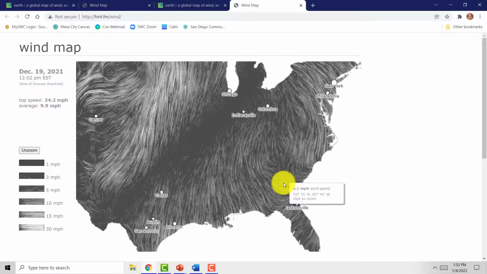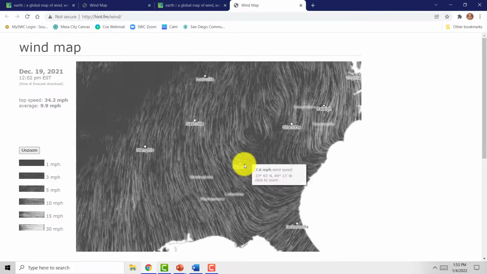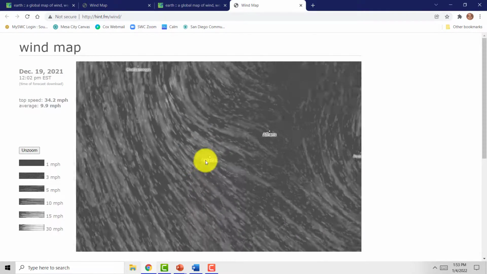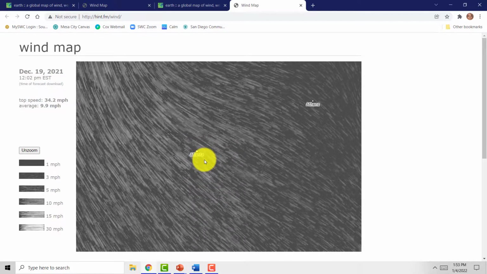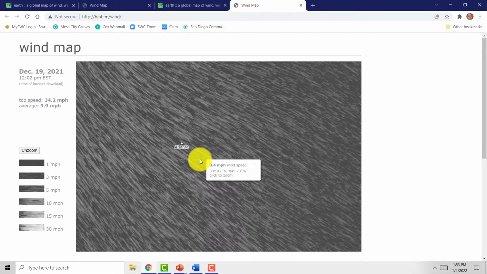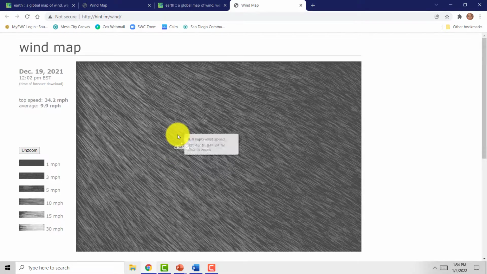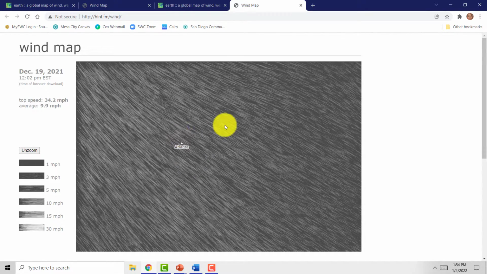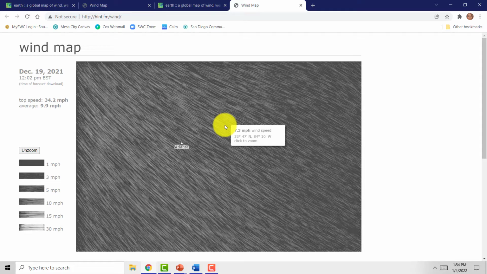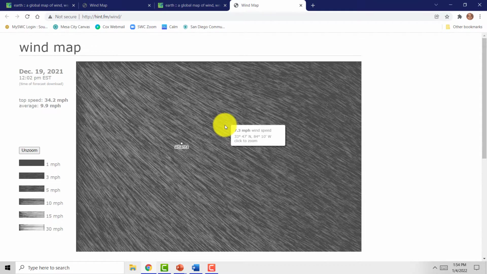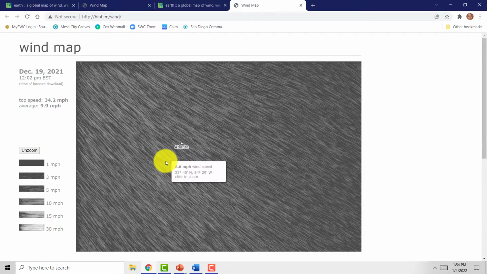So if I click in, I'm going to go ahead and click into Atlanta. That's a very popular airport in the United States. And so you can go in and see weather conditions on this map. Again, as I move the mouse over and stop, it will show you the relative wind speeds.